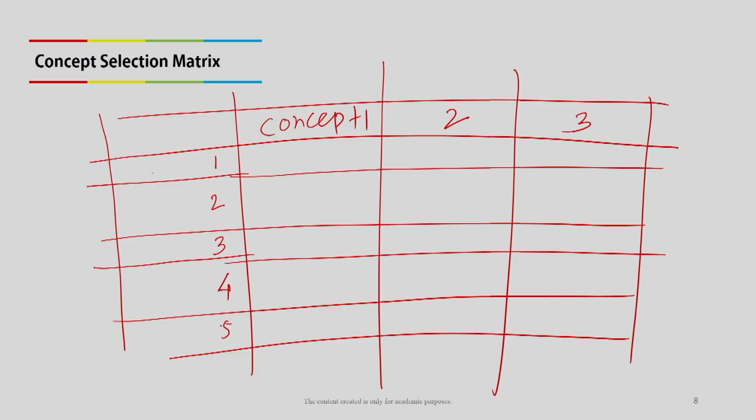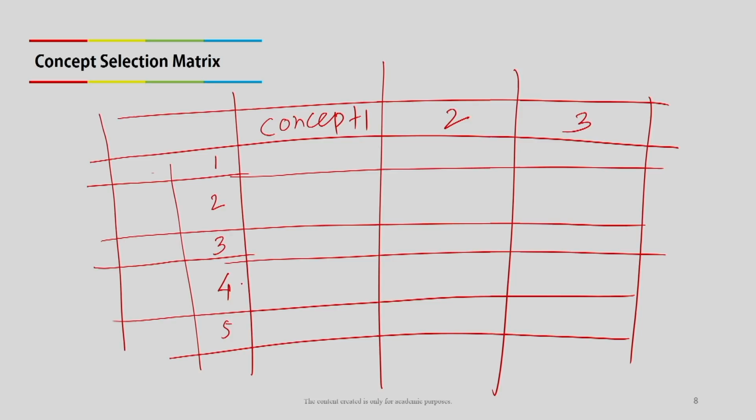You must remember, during the discussion of the dot furniture, I mentioned some of the criteria based on which we selected the final concept. Similarly, all those constraints or criteria you have to list down here.